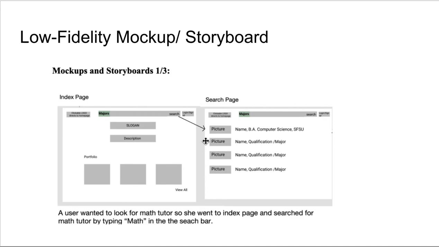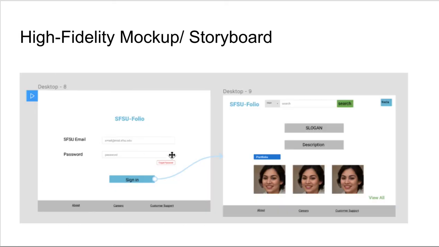Okay, so a storyboard is basically narration, like what is going on, like if you click on the search button, where you're going to end up. So for the high fidelity mockup, we used Figma, the same website, the same tool, but we used the Bootstrap library.